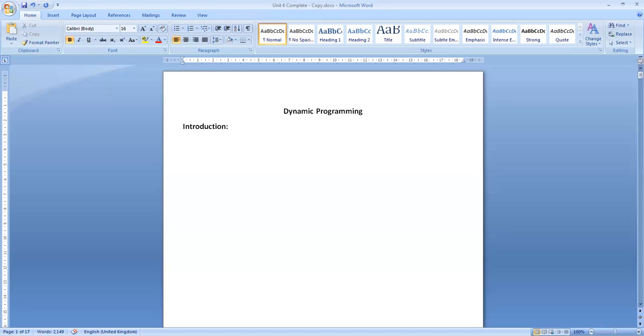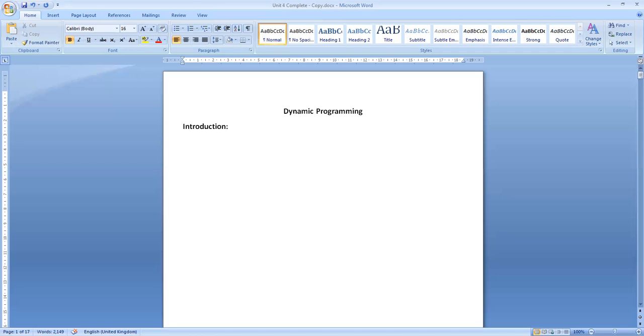In dynamic programming also we can solve problems in stages. In stage 1 we take some decision, and based on the decision we have taken in stage 1, we proceed to stage 2. There also we take some decision. Like this, a series of decisions are taken in dynamic programming problems.